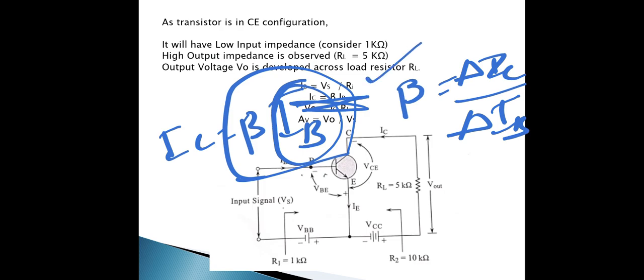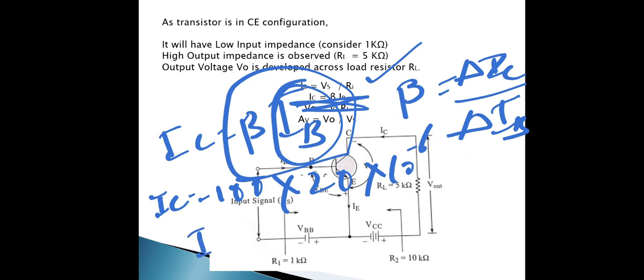In the first expression, we got IB is equal to 20 microamperes. So if you take IC is equal to 100 into 20 into 10 power minus 6, you will get a value of IC is equal to 2 milliamperes. So 2 milliamperes is the value of IC.